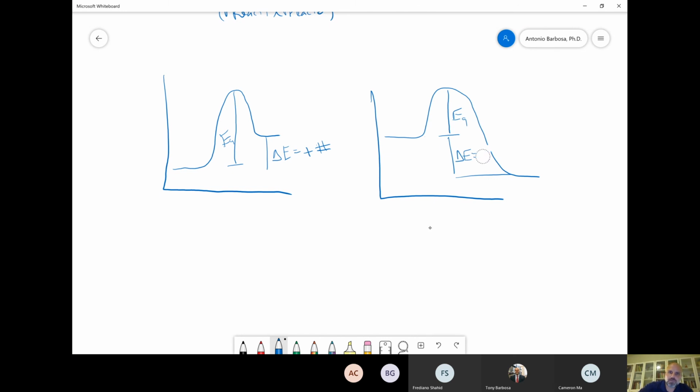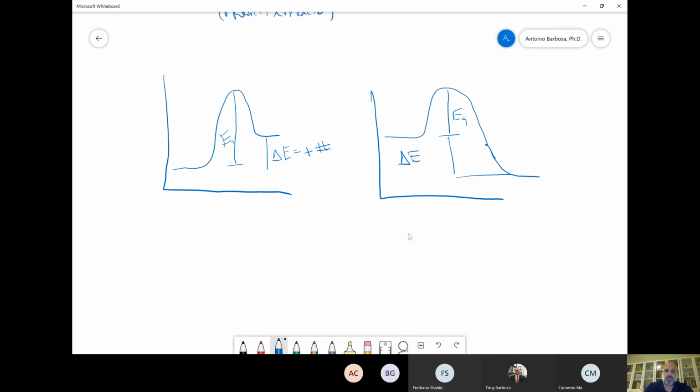Let me just put this somewhere on the other side. Our delta E here is going to be a negative number. All right, so it's still working.